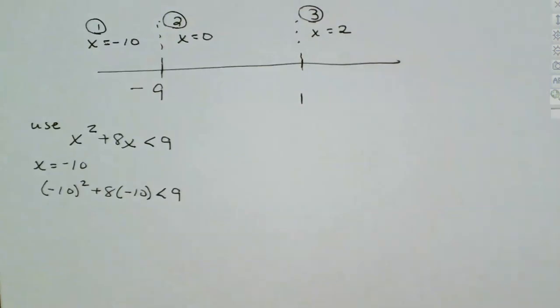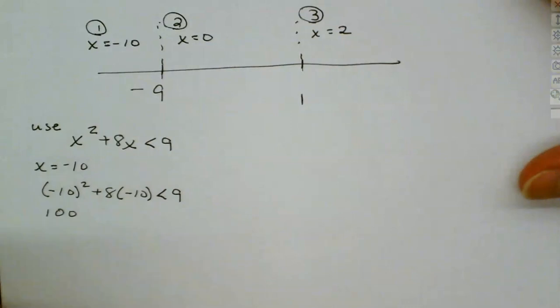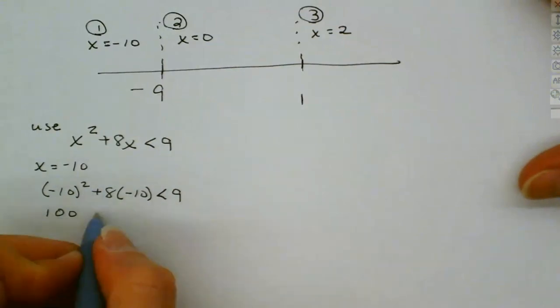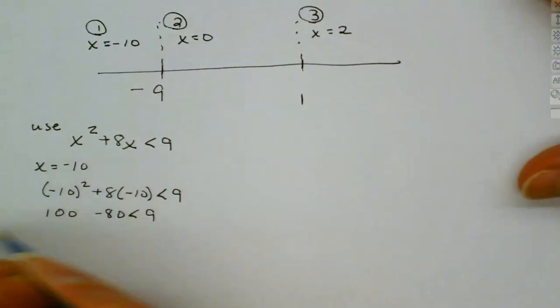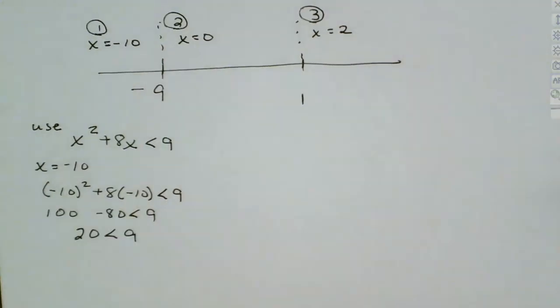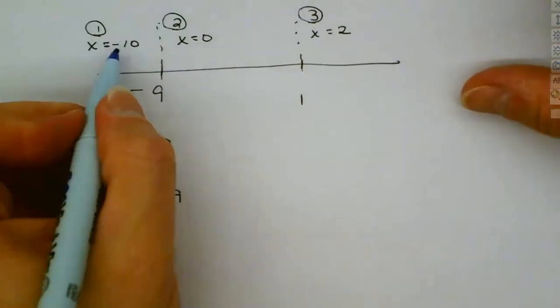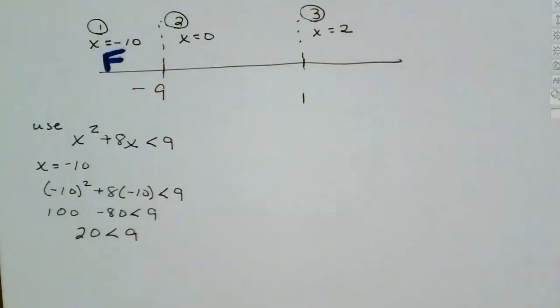So let's check the negative 10. 10 squared is 100. 8 times negative 10 is minus 80. Add those together and we get 20. Is that true or false? False. So that means this part is false.